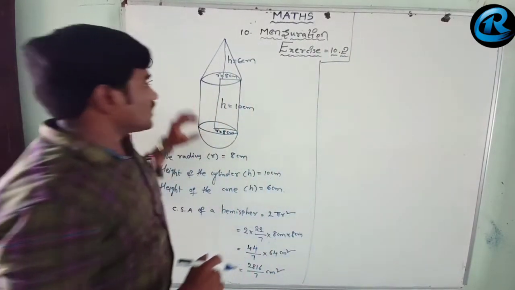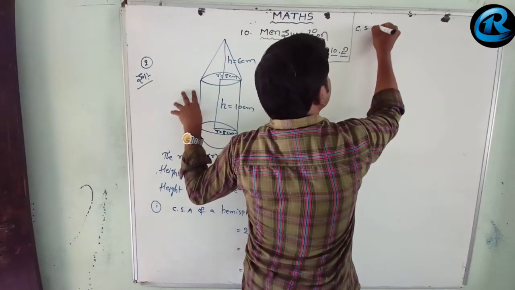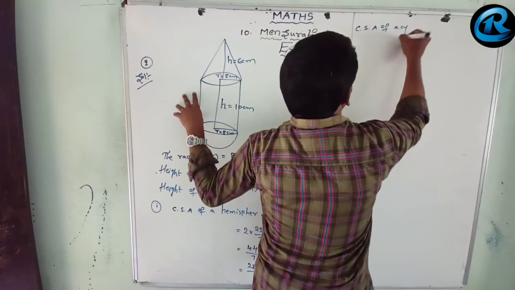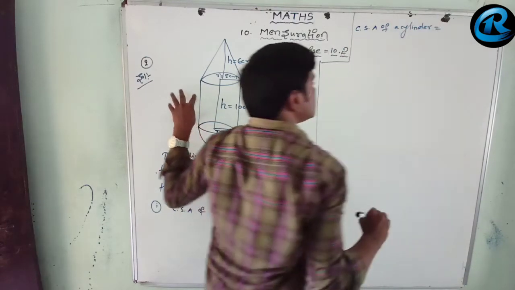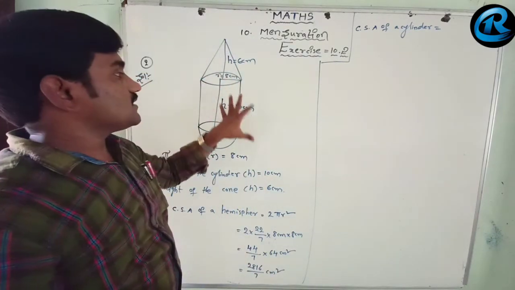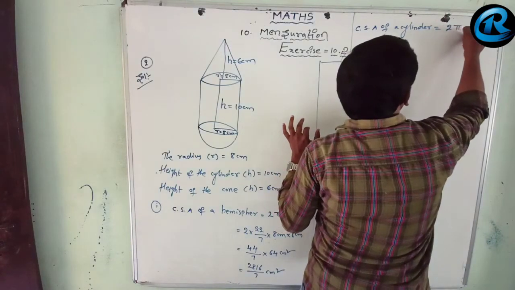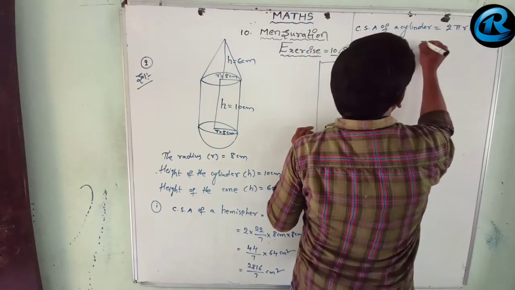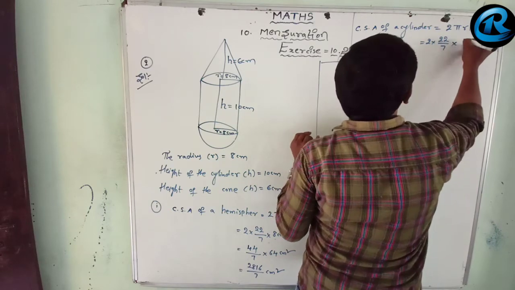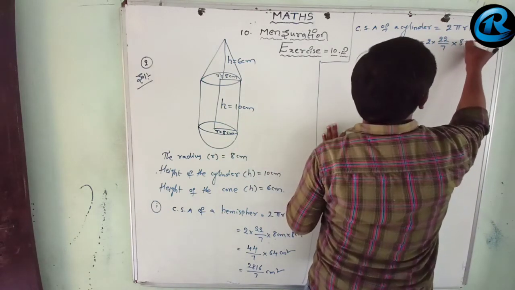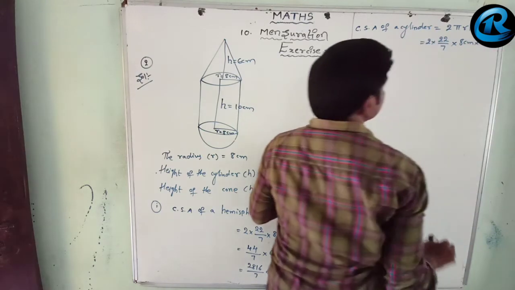Now the curved surface area of the cylinder. The curved surface area of a cylinder is 2 pi r h. Here 2 into 22 by 7 into r value 8 centimeter into h value, the height of the cylinder, 10 centimeter.